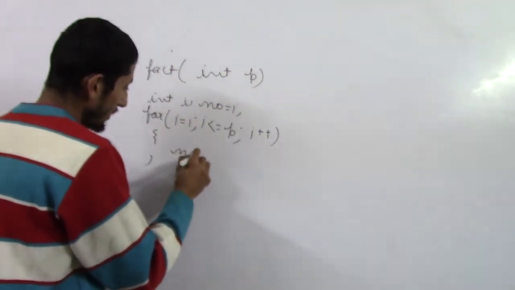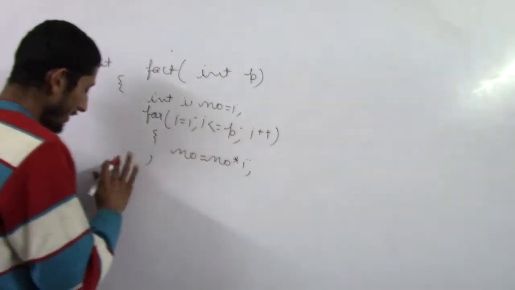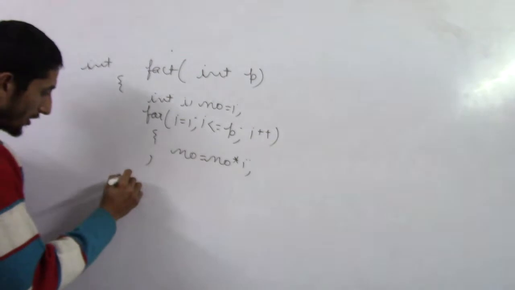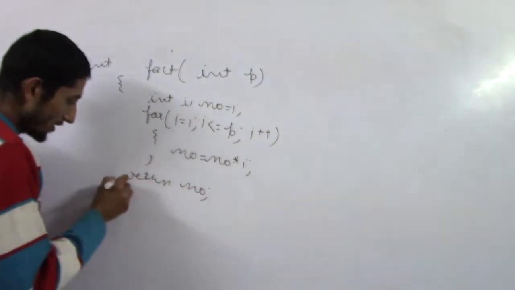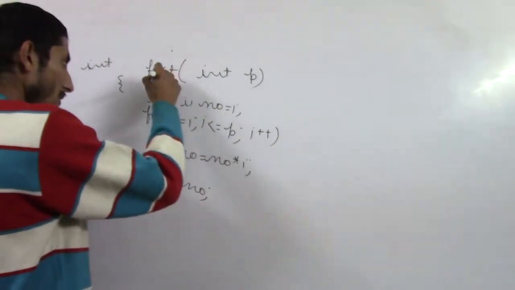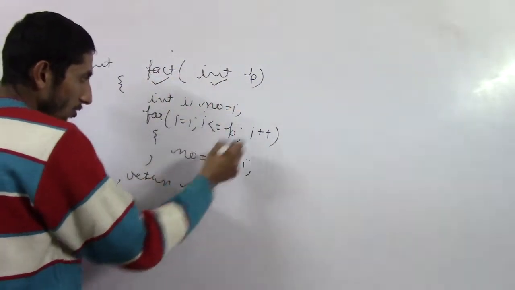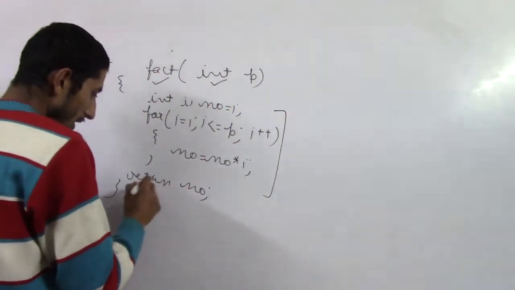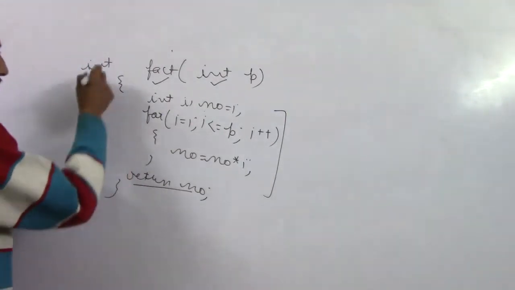We wrote number equals number into i, and at the last we put return number. So the meaning of this is: my name is fact, give me the number, I will calculate the factorial of that particular number, and I will return it to you.